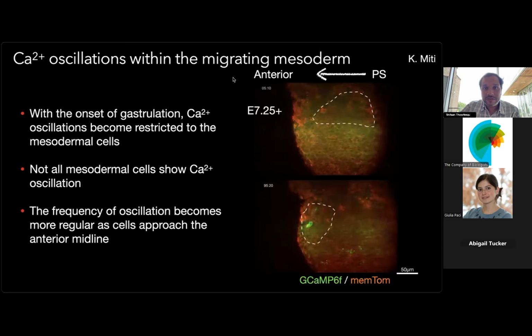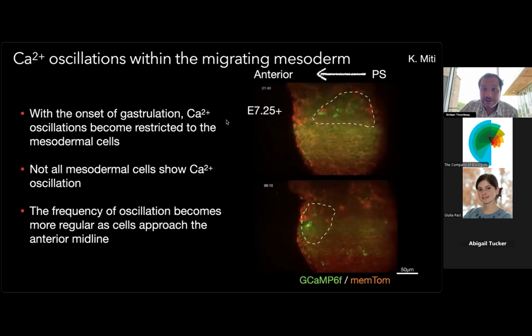And if we image the same embryo, taking volumes every 10 seconds for several hours, we see that at around 3 hours, once these cells have reached the anterior, the oscillations are more enriched in the anterior region. So this shows that the calcium oscillations are not present in all mesodermal cells, but in a subset of cells, and these cells end up in the anterior of the embryo.